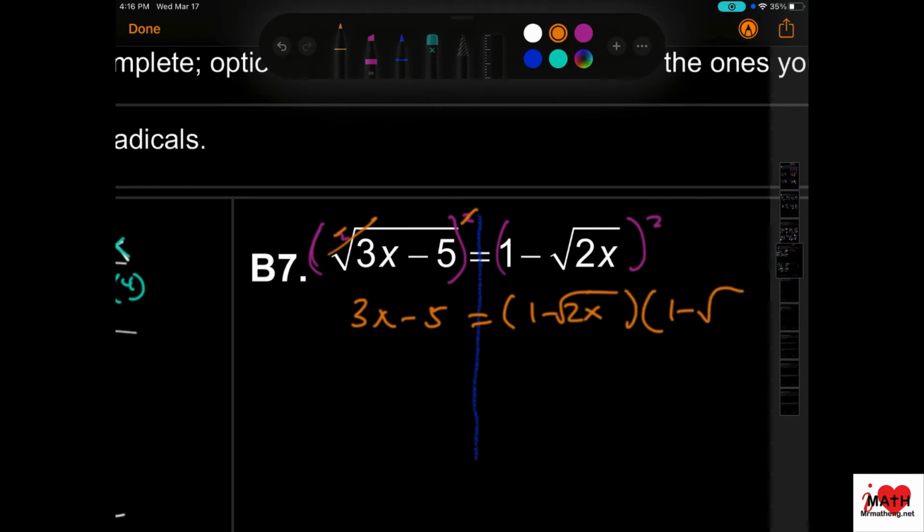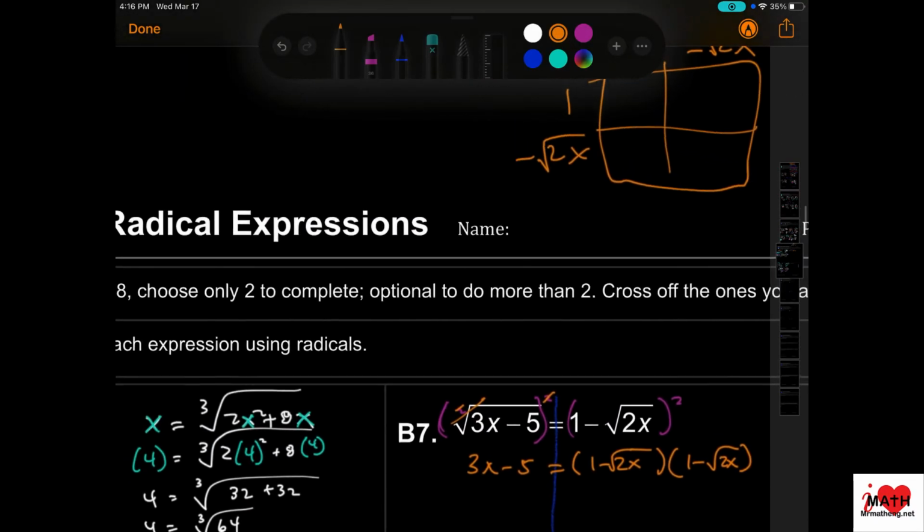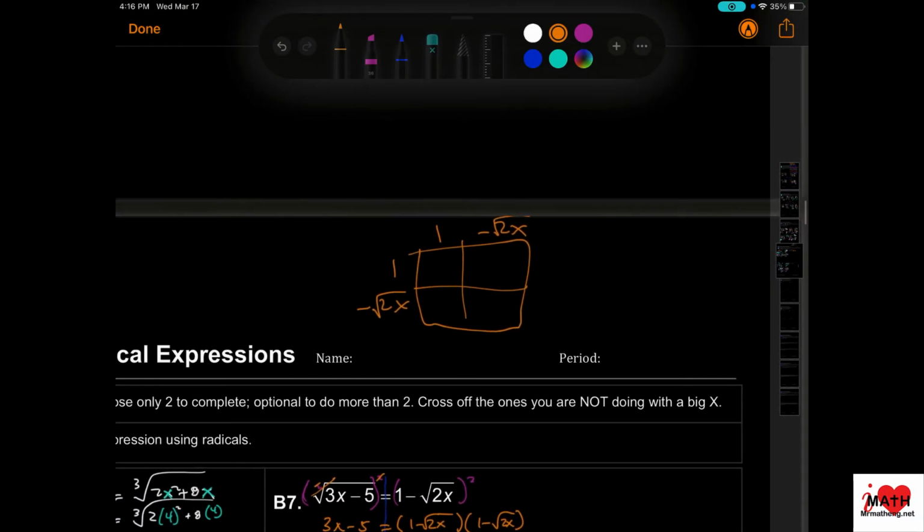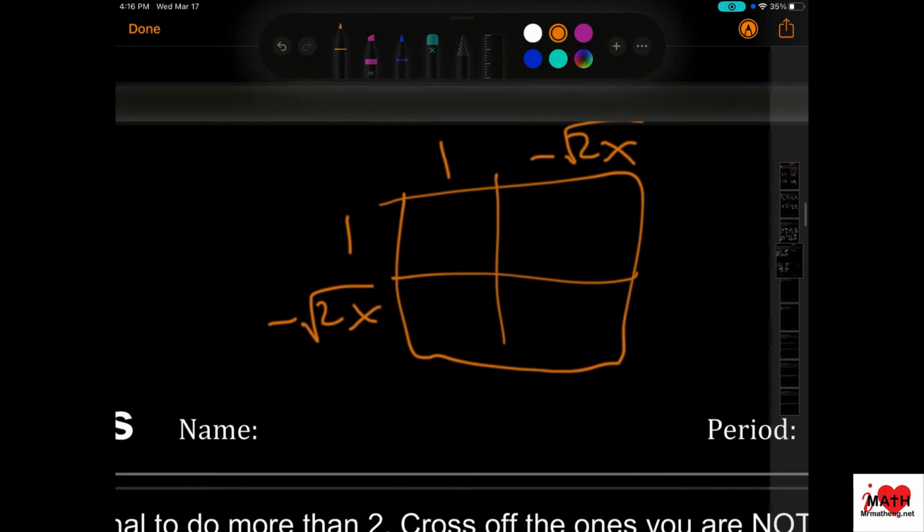And if you have two binomials like this, you can use your box method, or in some textbooks they call this the FOIL method. So let's go up here and multiply. 1 times 1 is 1. 1 times negative square root of 2x is negative square root of 2x. 1 times that number is still negative 1, you can put that in if you want, 2x.